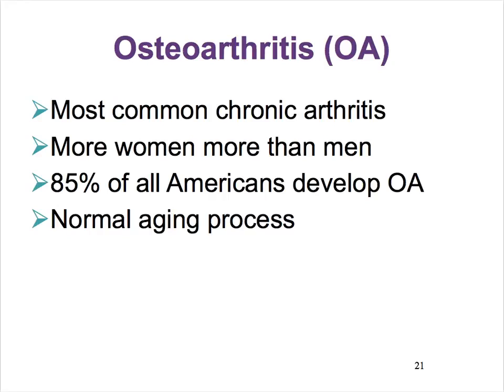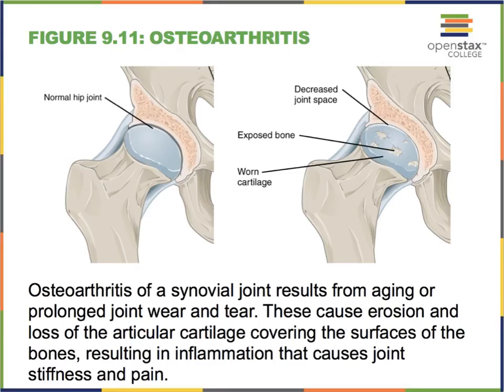And what does it entail? Well, let's take a look at a picture. Let's say we're looking at a hip joint. Right here we see how the head of the femur nicely fits into that cavity of our hip bone, right? And the head of the femur has a nice glassy layer of hyaline cartilage called the articular cartilage.